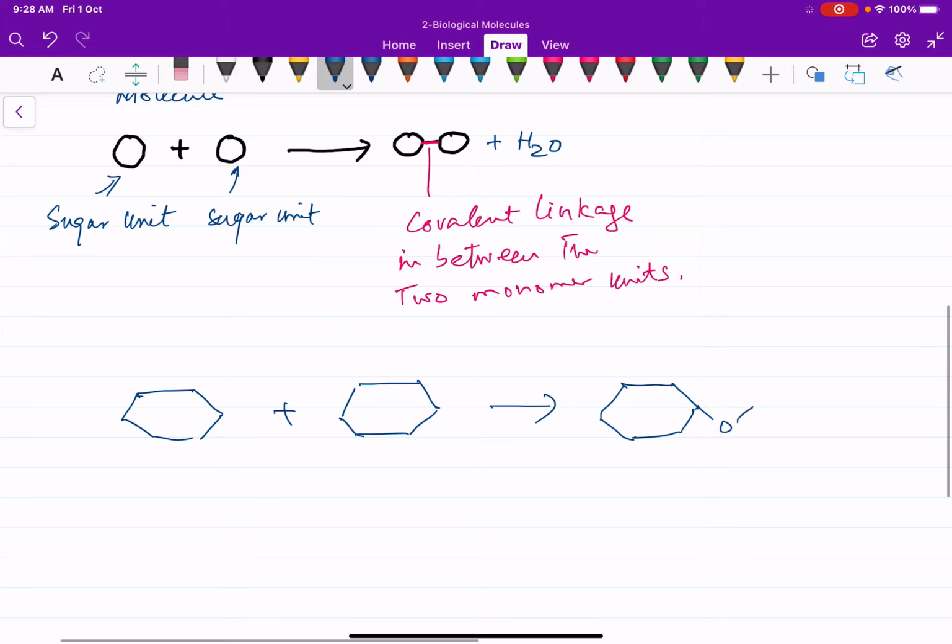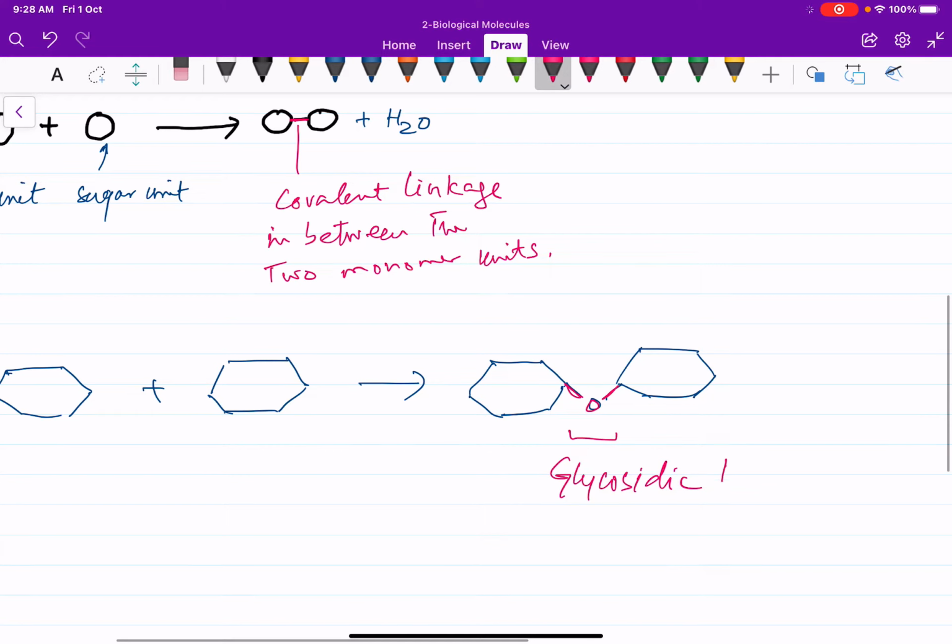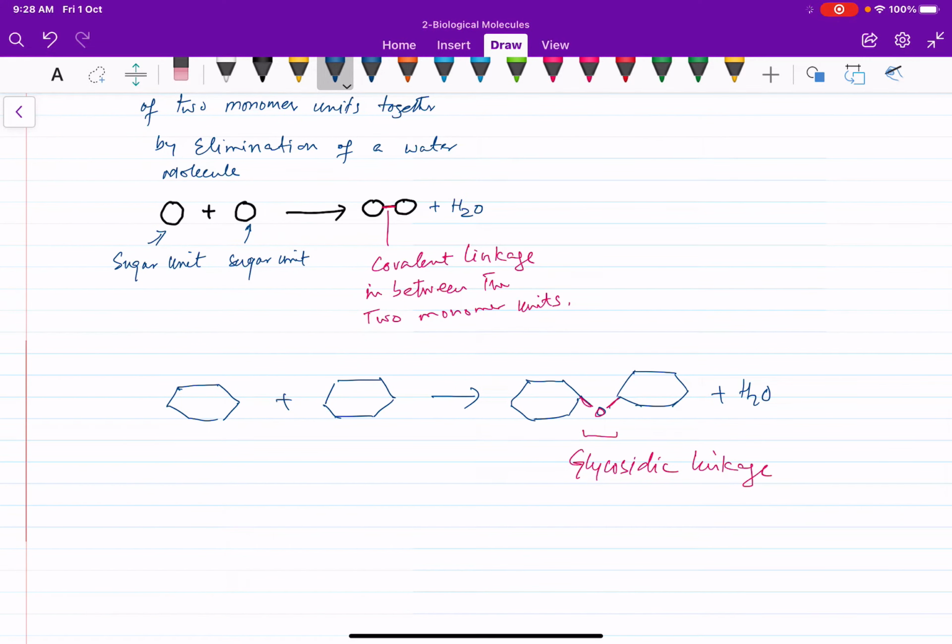We'll discuss how. This bonding in between them we will call a glycosidic linkage, plus a water molecule is formed. So this is how two sugar units may be joined together to make a disaccharide.